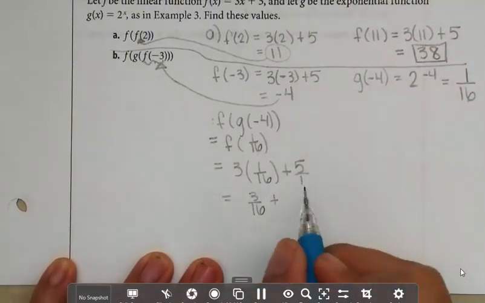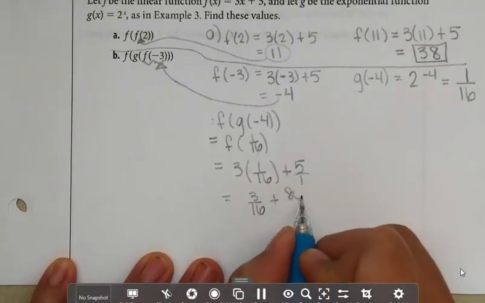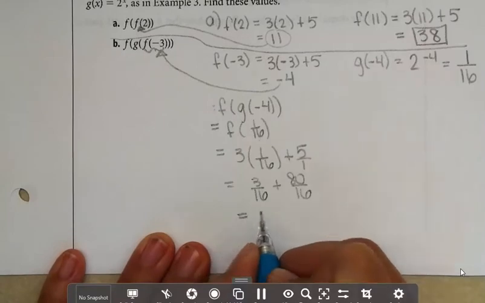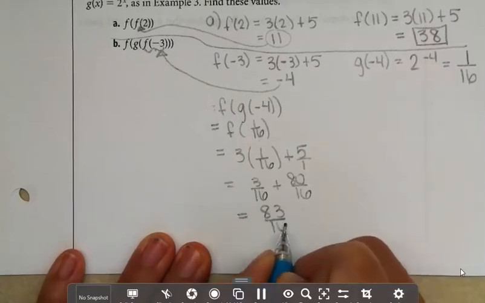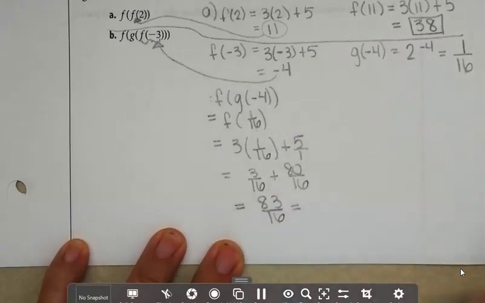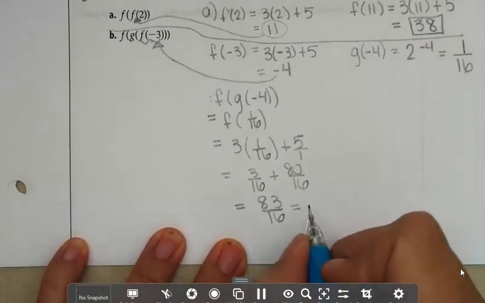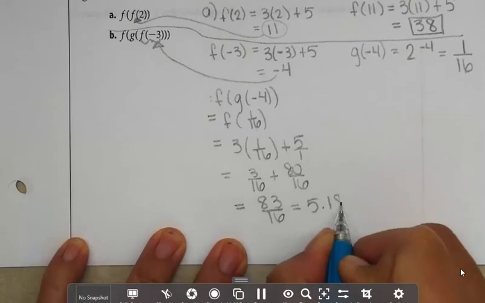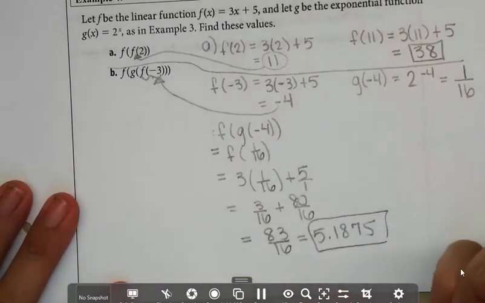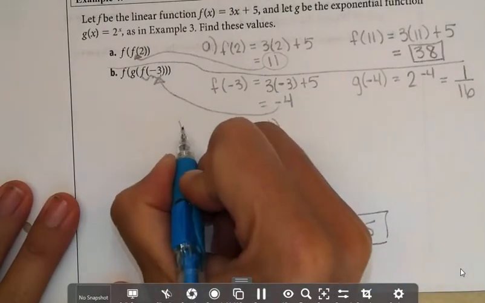So this is 5 over 1, 16/16, so it's going to be 80/16. So I'm going to get 83/16, which, if you put that into your calculator, or divide it out by hand, you get 5.1875. So that's B. Let's go ahead and call it B here.